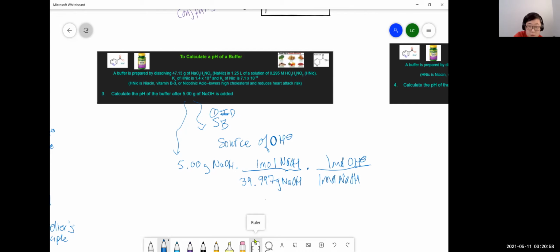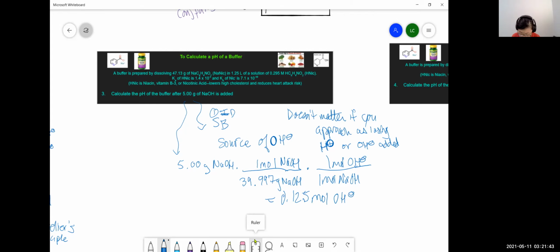And remember OH and H plus are 1 to 1, so it doesn't matter how you approach this, as losing protons. If you ever have ammonia, you're going to have to use the losing protons method, or you could do OH added. And you could use pOH and the pH to pOH relationship, and that'll make it easier. Once you do this, you find this is 0.125 mole of OH minus.